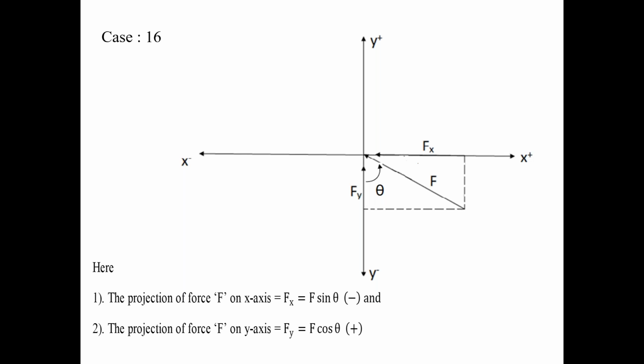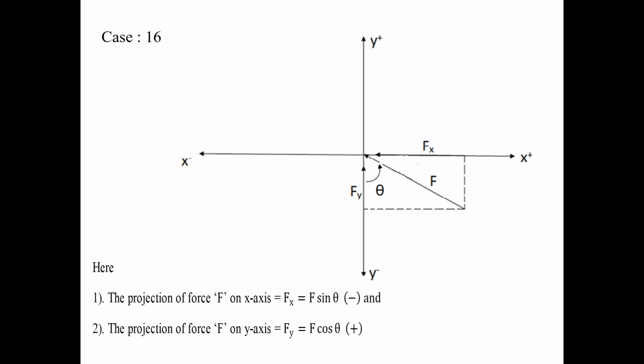In the first 8 conditions, the force F is making the angle theta with the x-axis. In all those first 8 conditions, the Fx projection is f cos theta, the Fy projection is f sin theta. So please remember, when the force F makes the angle theta with the x-axis, the x-axis projection Fx is equal to f cos theta, the y-axis projection Fy is equal to f sin theta.